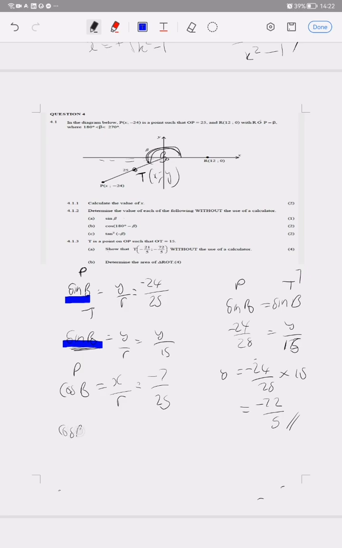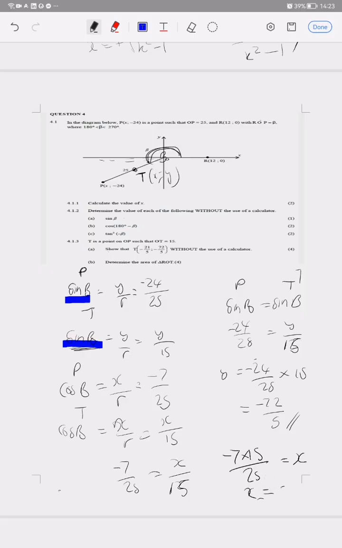Then we say cos beta T. It's going to be an x over an r. What is my x for this one? It is unknown. My r is 15, so it's negative 7 over 25 is equal to x over 15. So it's going to be negative 7 times 15 over 25 is equal to x.